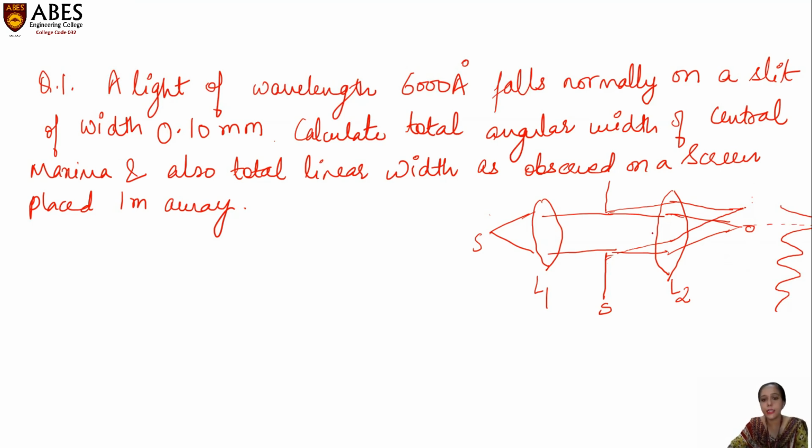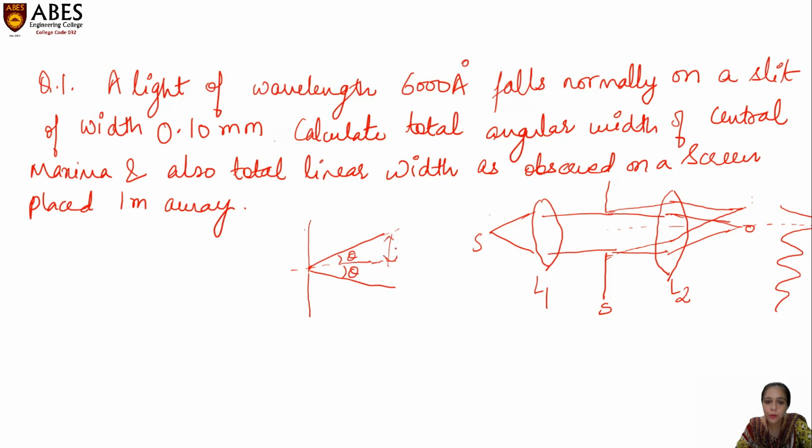So in this case, what is the total linear width and total angular width? In case of linear width, if this is a slit and the light is going to get diffracted from here like this, so this will be the angular width. Half of the angular width will be theta. So the total angular width will be 2 theta.